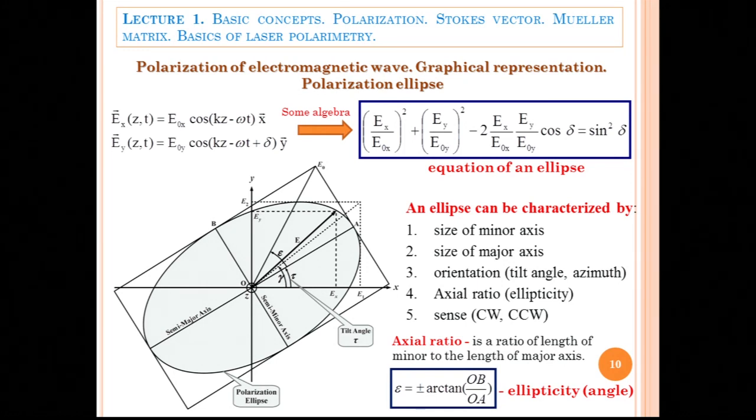It can also be used as a diagnostical parameter. Then there is the sense, clockwise or anti-clockwise: the electricity vector traces the ellipse, rotating clockwise or anti-clockwise, while the wave is propagating forward.